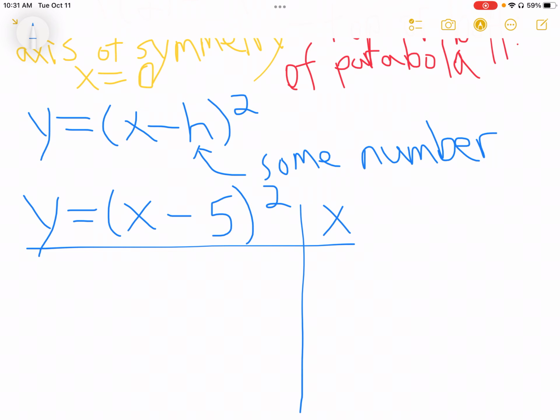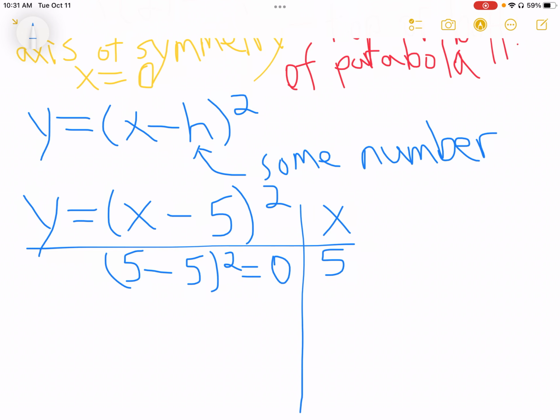Now I'm going to think about values I might want to pick. The easiest value to pick here would be x equal to 5, because if I do 5 minus 5 and then square it, that's going to be equal to 0.